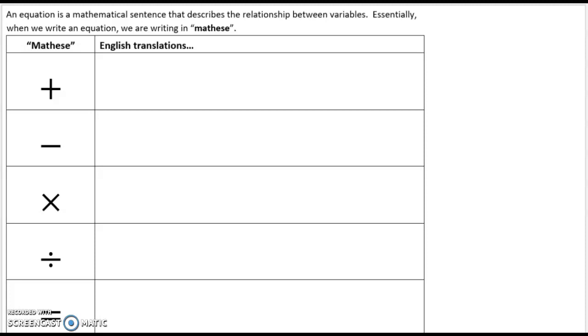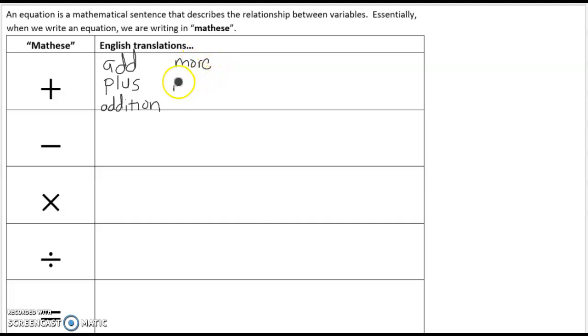So, the first one, when we talk about adding, okay, so this sign right here, adding, we might say the word plus. Addition. Okay, other English translations. We might say the word more.